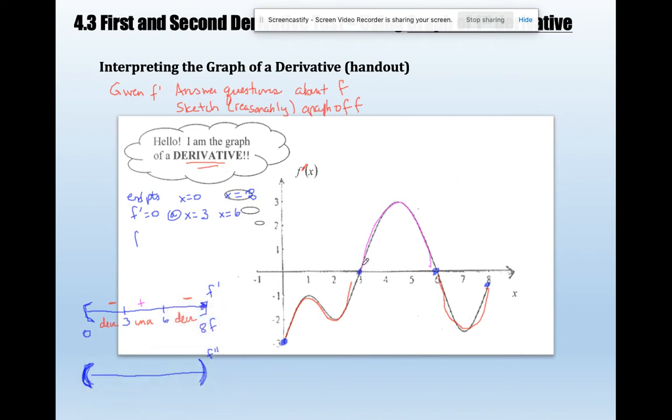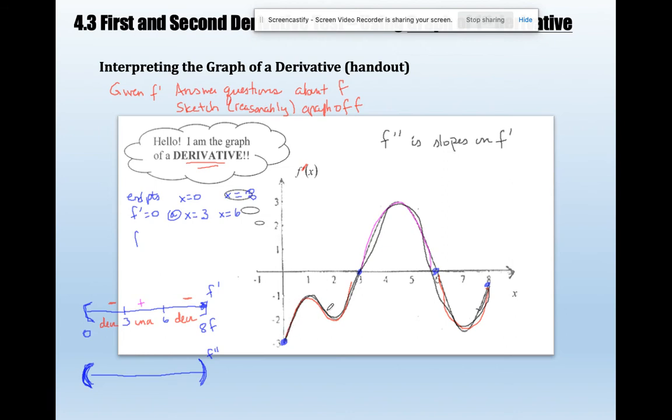I want you to think about the tangent lines on this graph. Remember, f double prime represents the slopes on the first derivative. So now look, forget about the colors. Just look at the graph of the first derivative and tell me about the slopes there. What is true about the slopes on f prime?